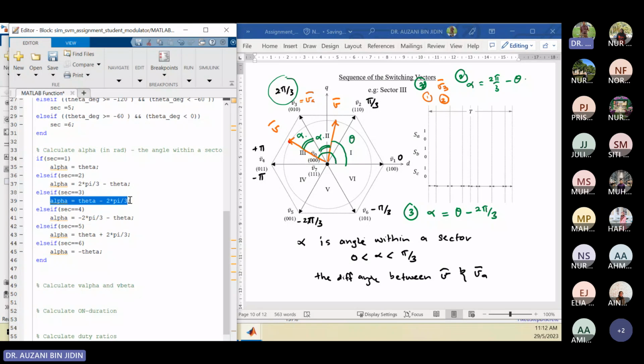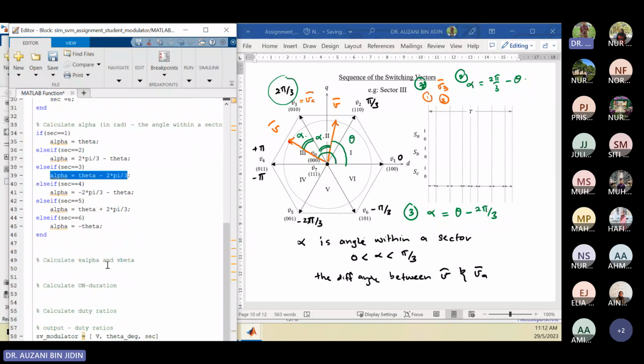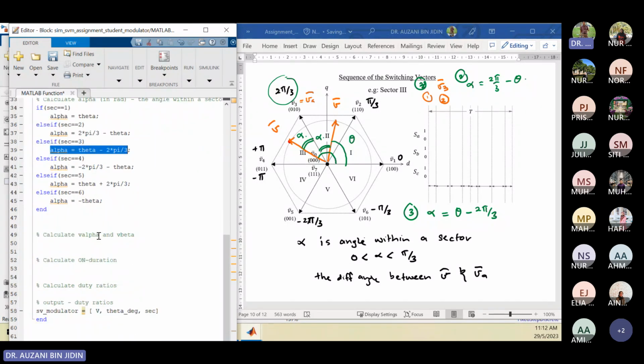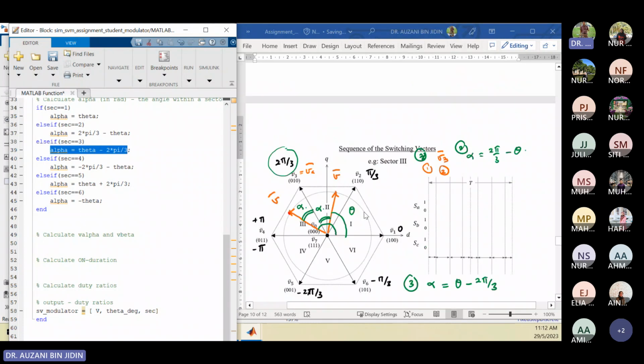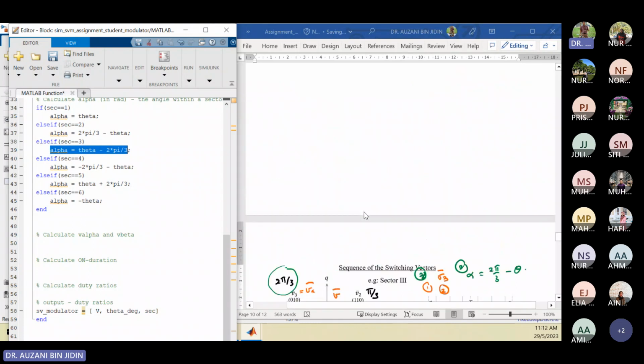Okay, then we can move to the next step to calculate V alpha and V beta. How to calculate V alpha and V beta? We have discussed the calculation part.